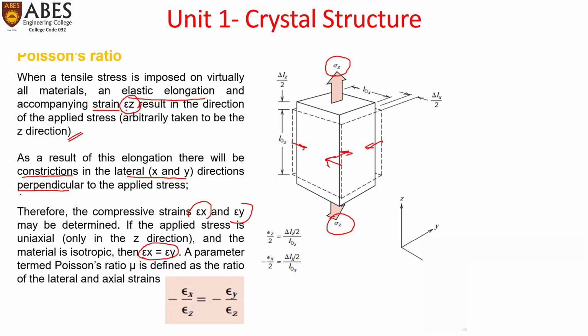A parameter termed Poisson's ratio, mu, is defined for this behavior as the ratio of the lateral and axial strains. So the ratio would be mu equals minus epsilon x upon epsilon z equals minus epsilon y upon epsilon z. So epsilon x is basically equal to epsilon y, and it can be found from this relation.